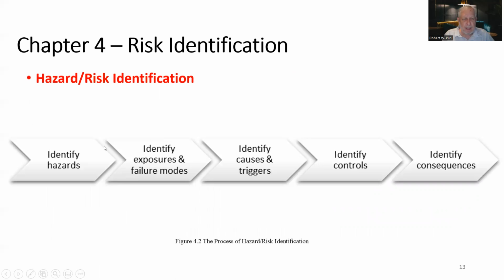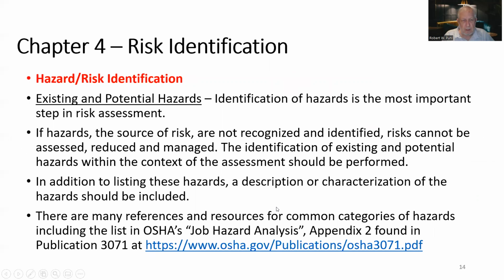This is the risk identification. Hazard risk identification is all identify hazards, identify exposures and failure modes, identify causes and triggers, identify controls, identify consequences.